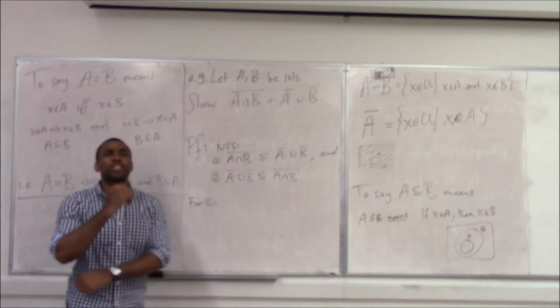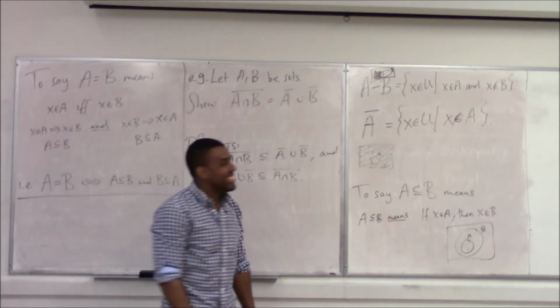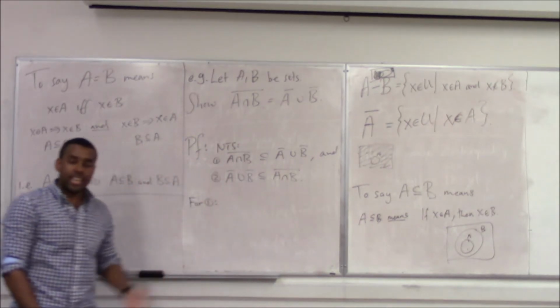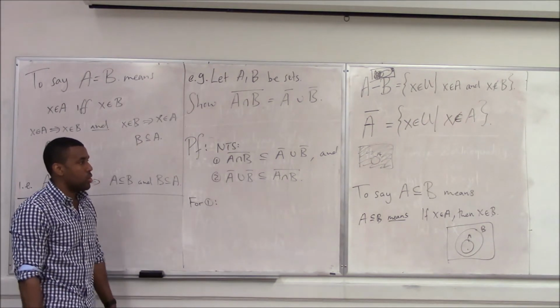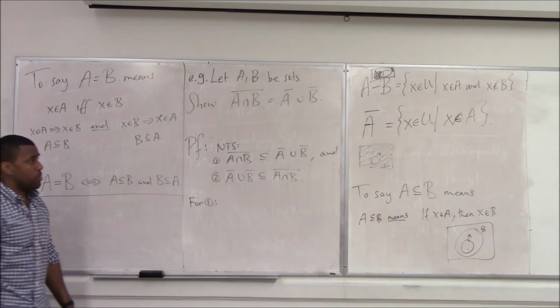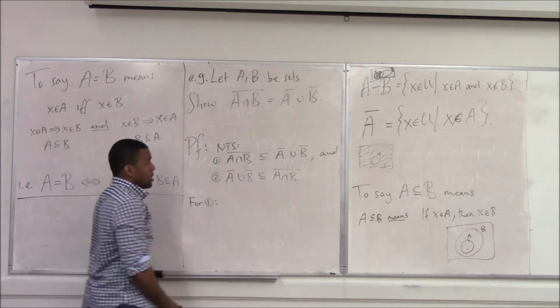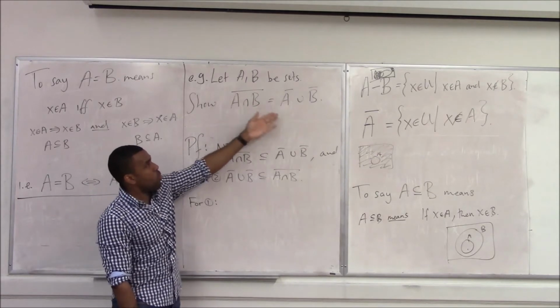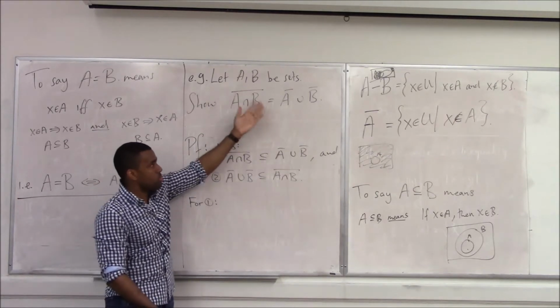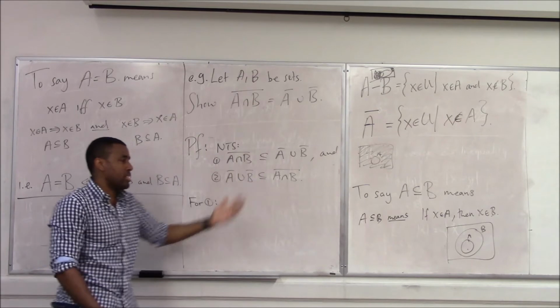You can't say that picture is true. But it can indicate to you whether something is true or false, or it might give you ideas on how you want to prove or disprove something. So you might be tempted to say these are equal, and you can draw the picture and they'll look the same, but you have to actually prove it.